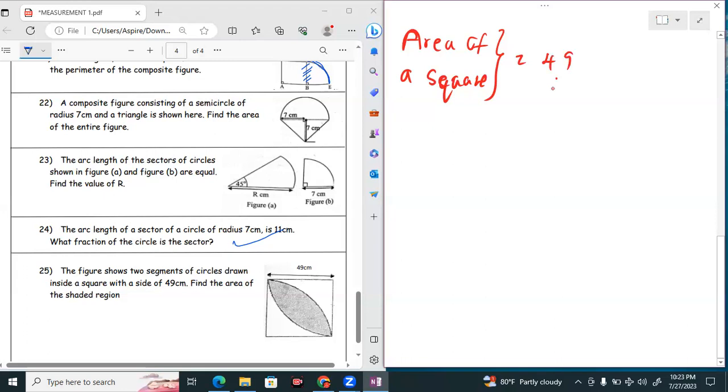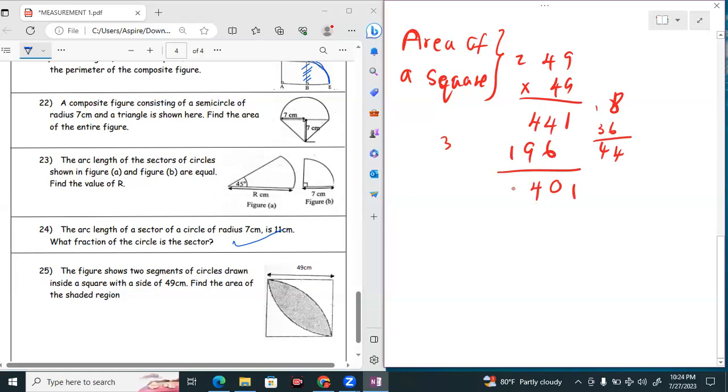It is 49 into 49. Then we find the area of the square as 2401.